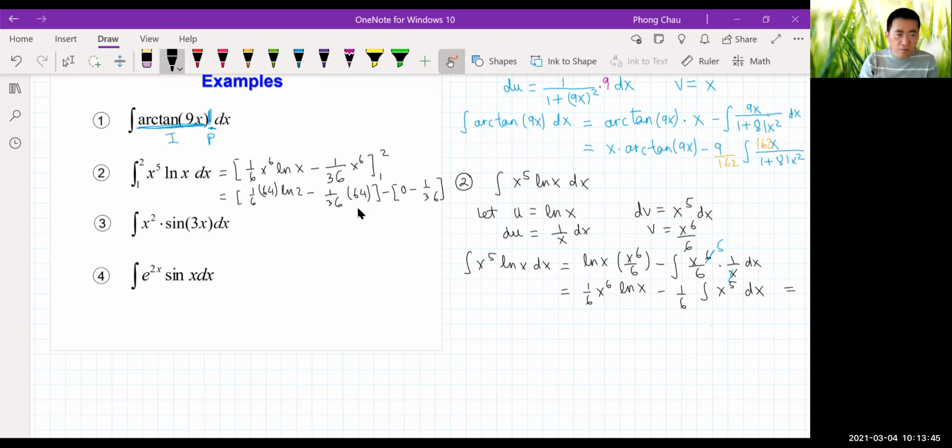All right, so for number 3, you see there's an x squared inside of 3x, so that is a polynomial and trig. So what do we do with polynomial and trig?